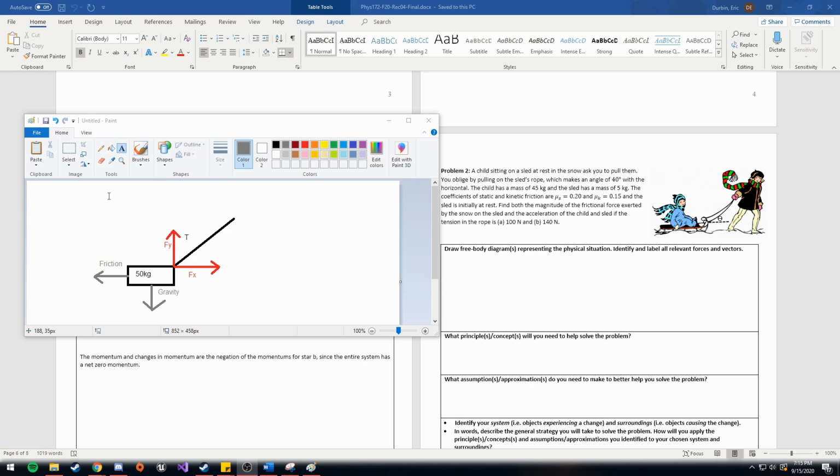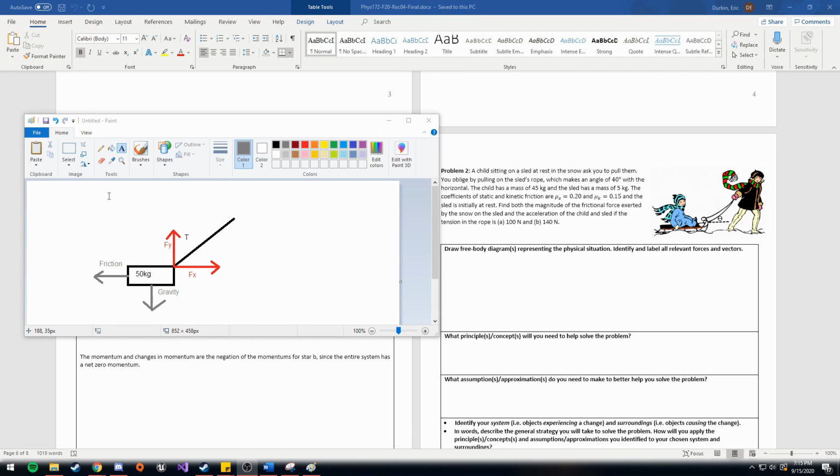So we need to find the magnitude of the frictional force and the acceleration of the object based on the force being applied on the rope, which is pulling it.